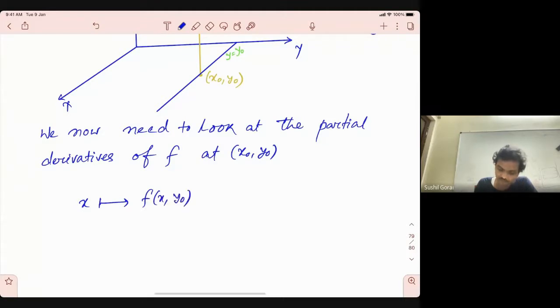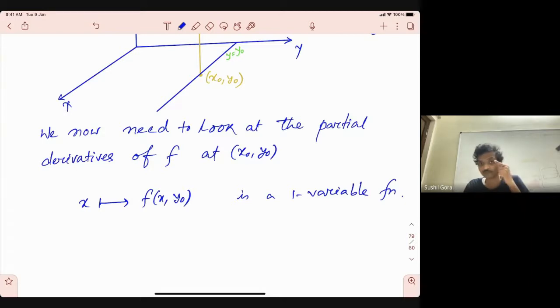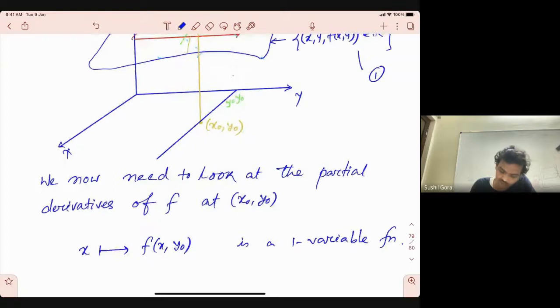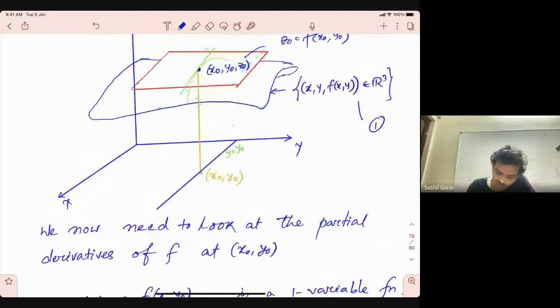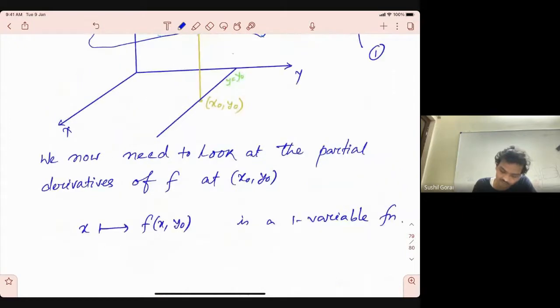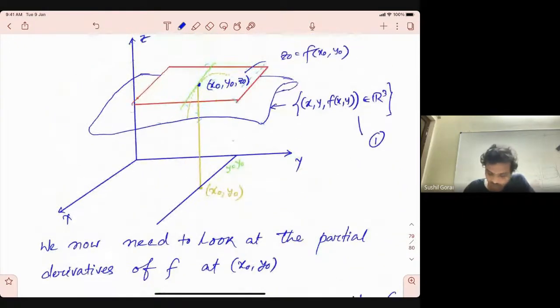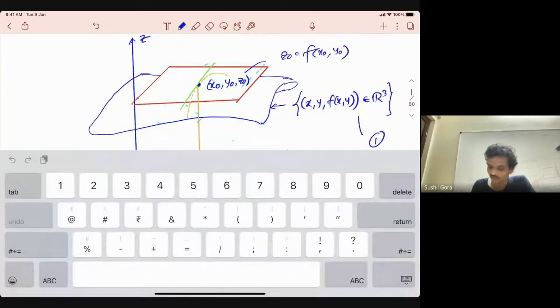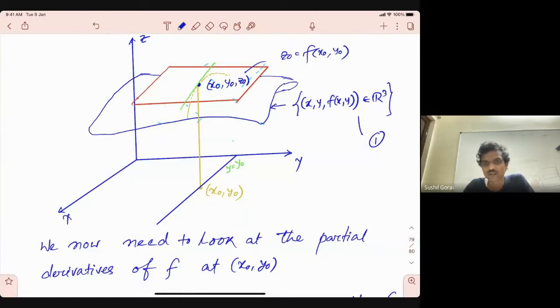This is a one variable function, and it is also differentiable. Now x is varying here, y naught is fixed. So what you get as derivative is the slope of this tangent line. Fine? Is it understandable?